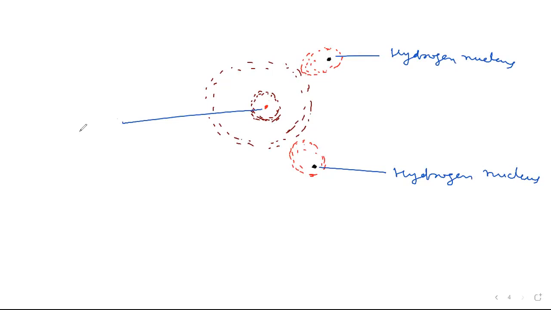We complete the figure. Use another color. This here is a hydrogen nucleus. This is another hydrogen nucleus. This red one is the oxygen nucleus.